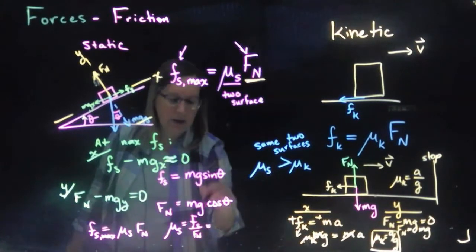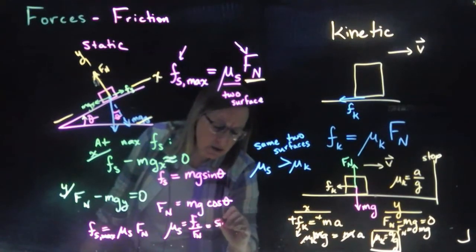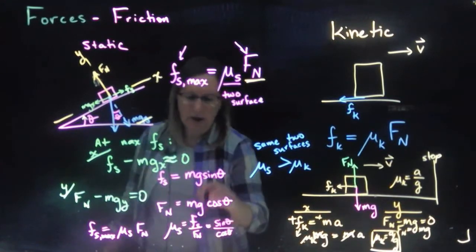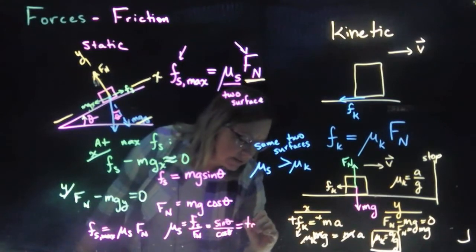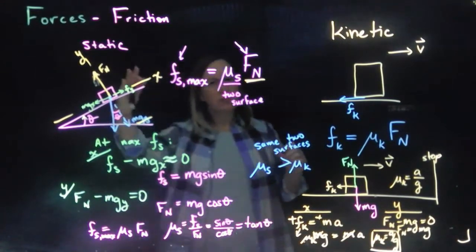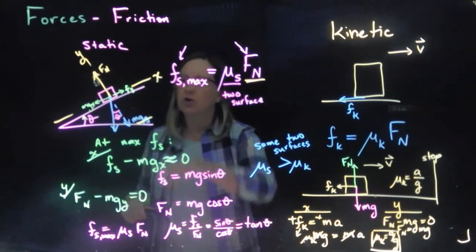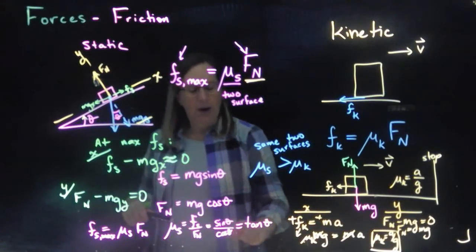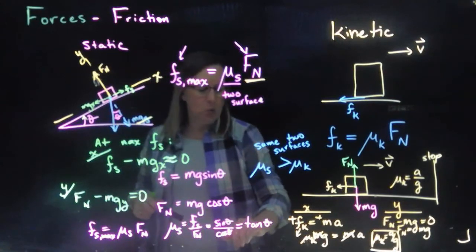And if I plug in these two values, that just gives me sine of theta over cosine theta, because the mg's cancel out, which is equal to tangent of theta. So this gives us a fairly easy way to find our coefficient of static friction between two materials. We can just tilt things up, and from that we can find right before it releases what this angle is.